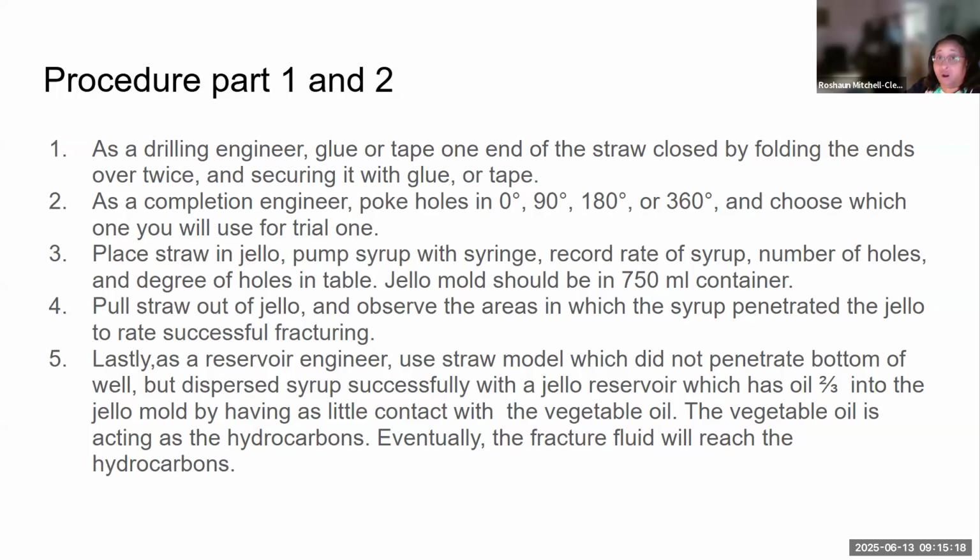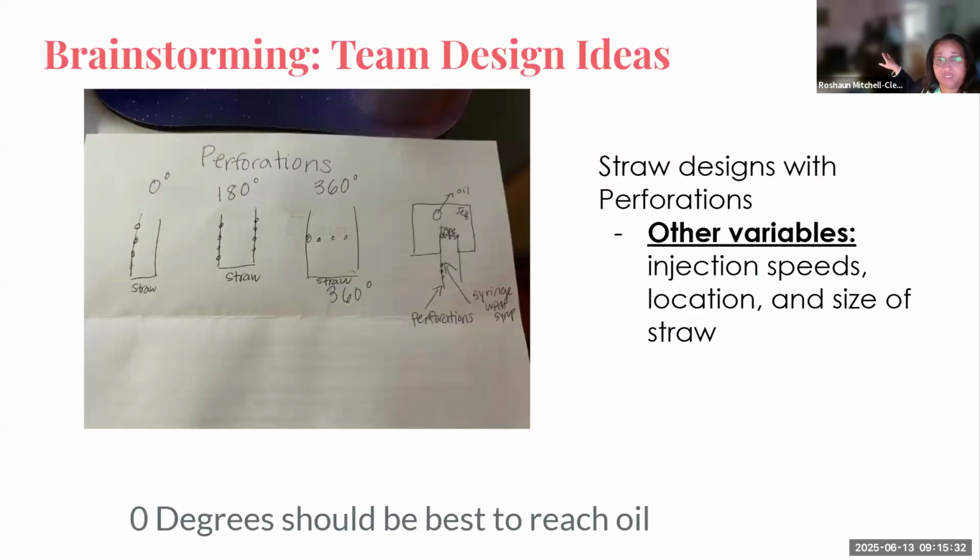Your vegetable oil is your hydrocarbons. At some point, the fracture fluid will reach the hydrocarbons, but you don't want it to reach them immediately, because I noticed, after a day, that's literally what happened.